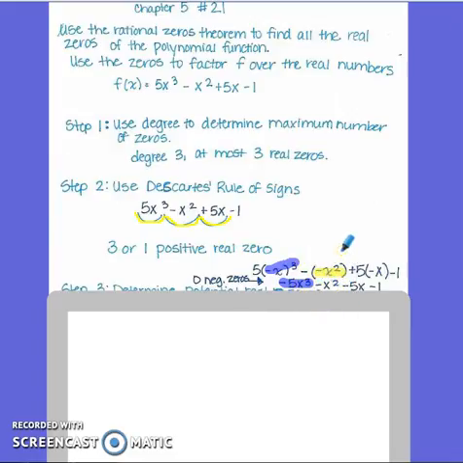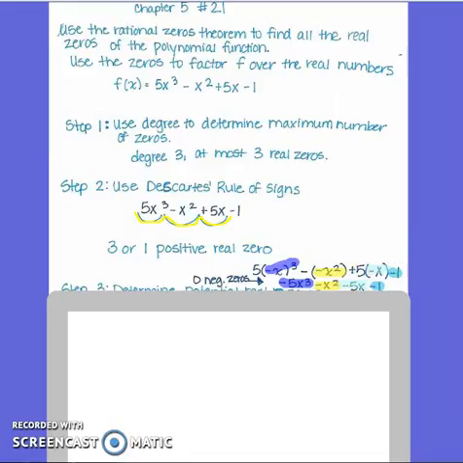Negative x squared would be a positive x squared, and then this positive x squared times the negative would be negative x squared. Next, we're going to put in negative x for just x. When we multiply negative x times 5, we're going to end up with negative 5x. And lastly, our constant is just going to stay the same.